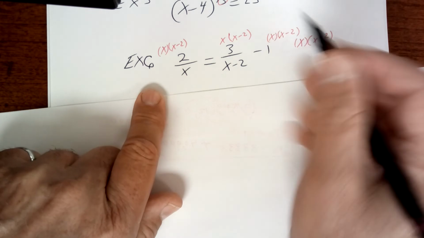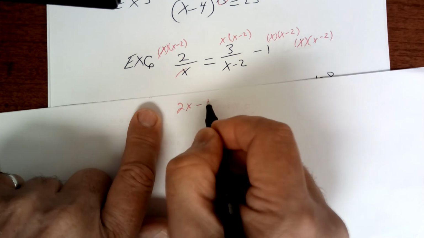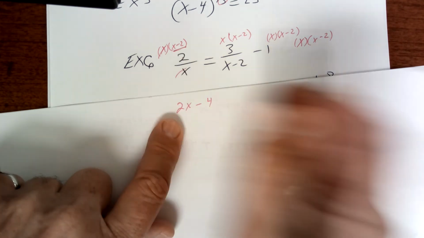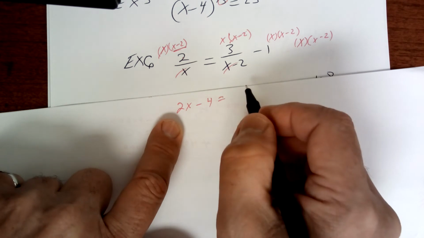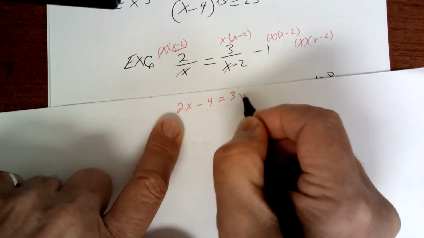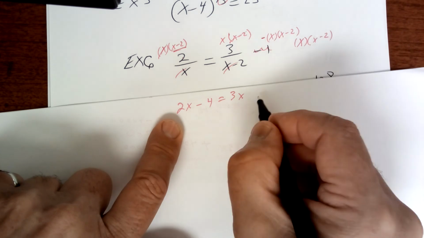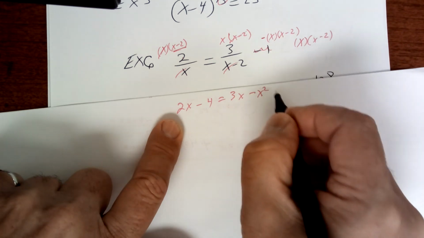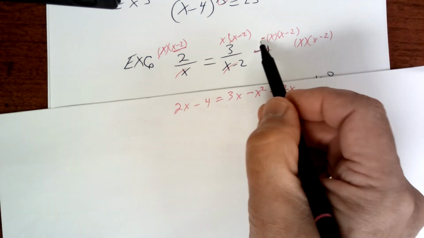Now the x's cancel, that gives you 2x minus 4 when you distribute the 2 to both of those. This one, this cancels, so you're going to get equals 3x. And then this right here is going to be a negative x for all of that. So that's going to be a negative x squared plus 2x. And you can look, see a negative times a negative makes a positive.